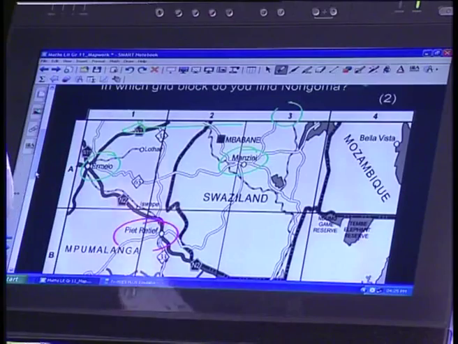Okay, let's do it in two ways, shall we? The first one, let's pretend we've got a little aeroplane, and we're going to fly directly from Ermelo to Manzini. The second thing we're going to do is pretend we've got a car, and we're going to travel from Ermelo to Manzini.